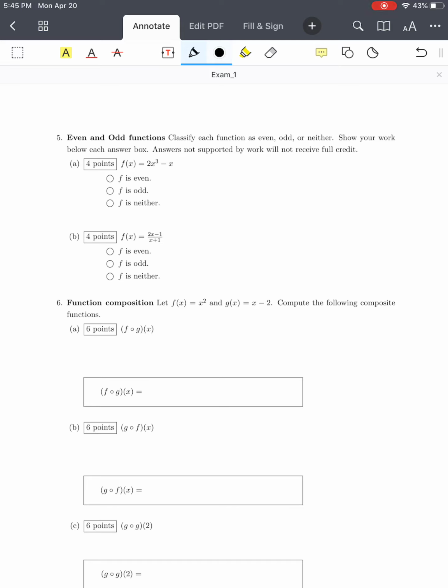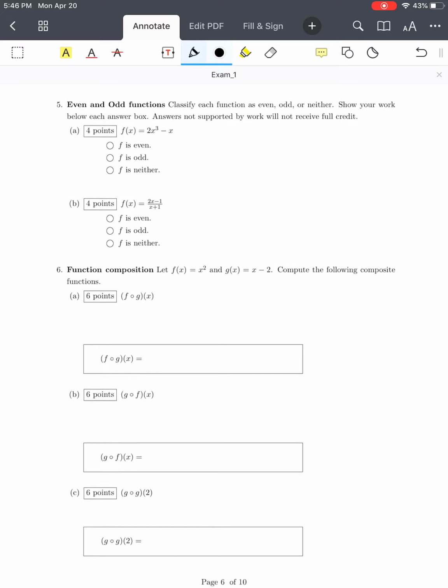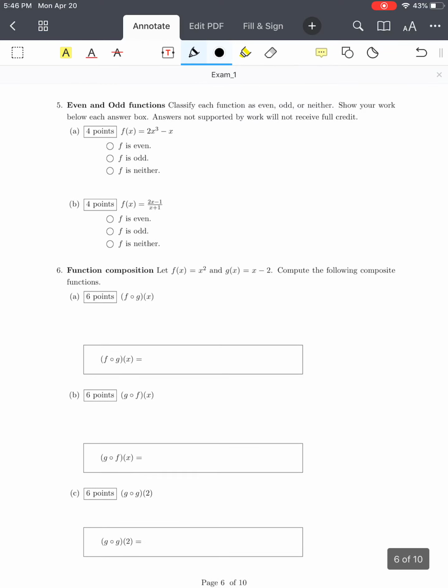Remember, if we have a constant term, so if this was 2x cubed minus x plus 5, the constant terms actually correspond to even exponents, because that's 5x to the 0th power, which is just 1. So be careful when you have constants there. By looking at this, we see that 3 is odd, 1 is odd, so the function itself is odd.